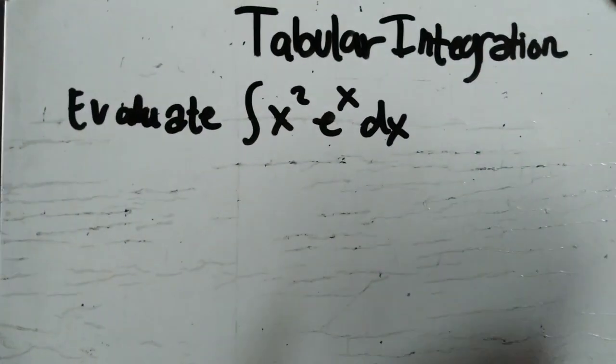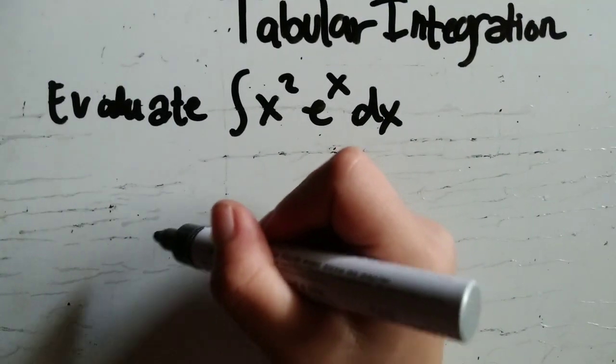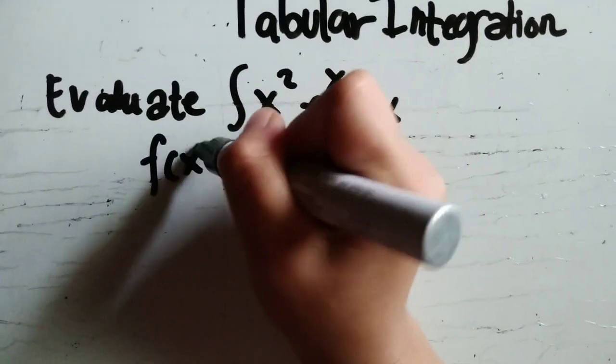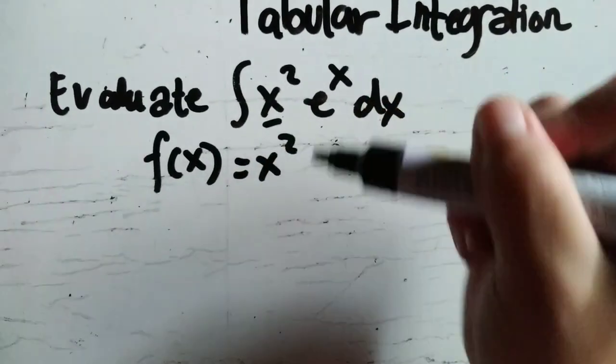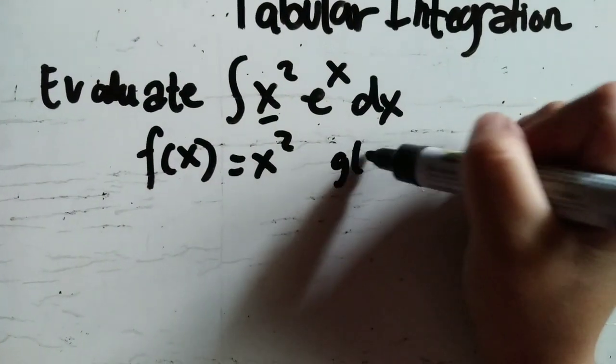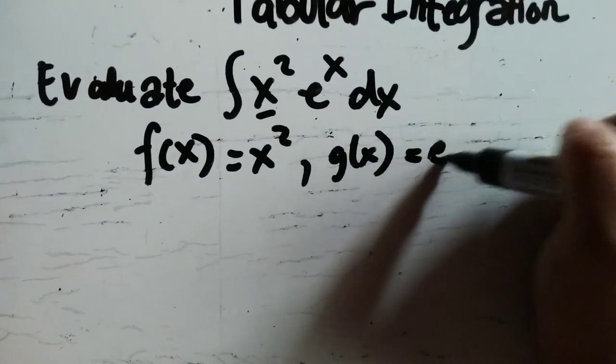So first we're going to determine which of these terms is our f of x. So f of x is x squared, and then our g of x is this e raised to x.